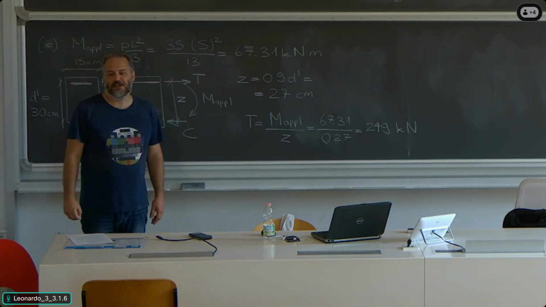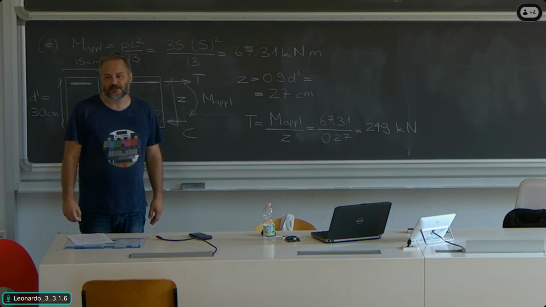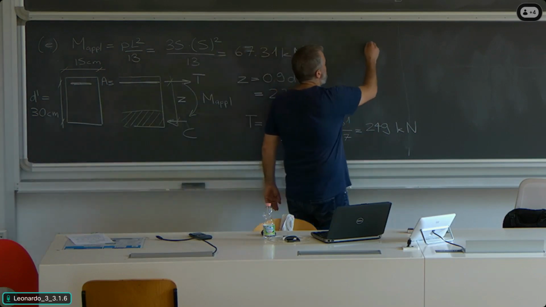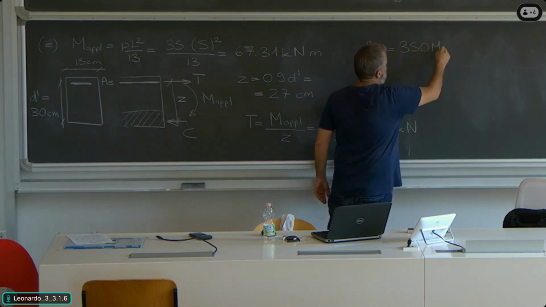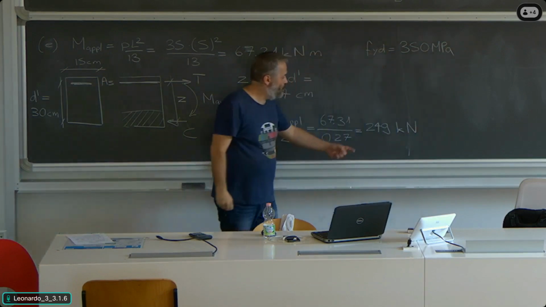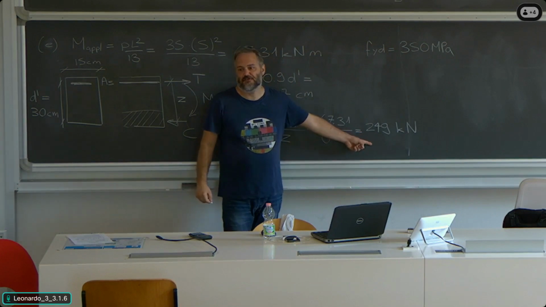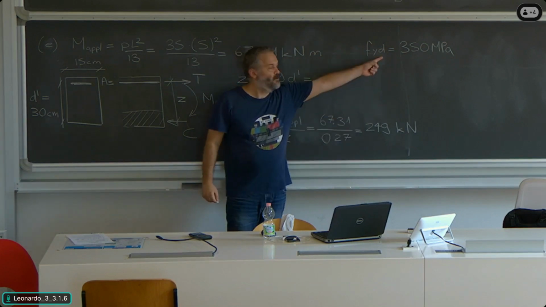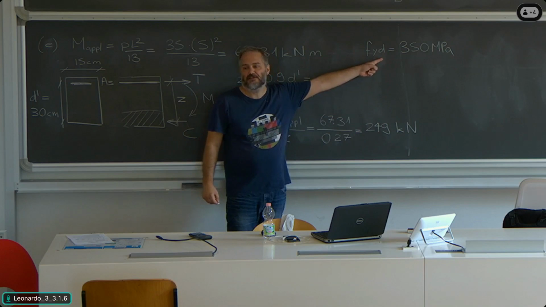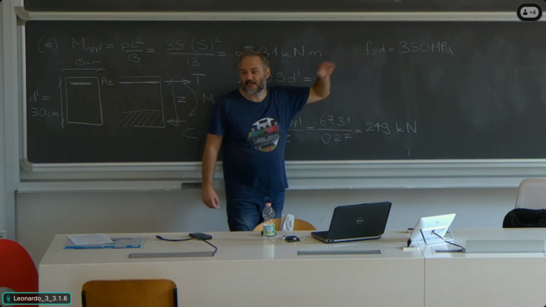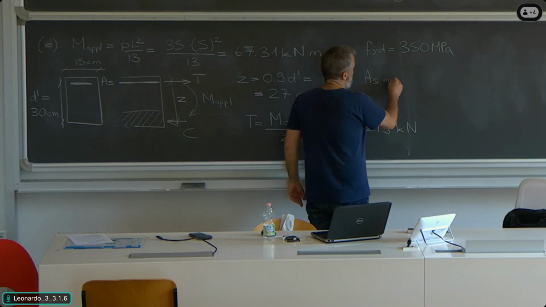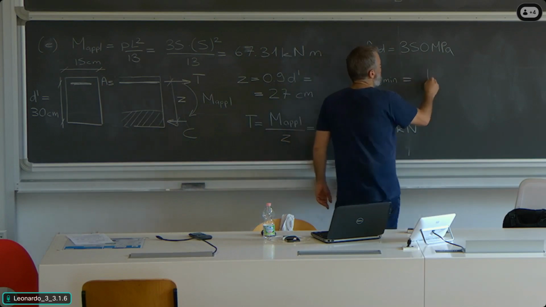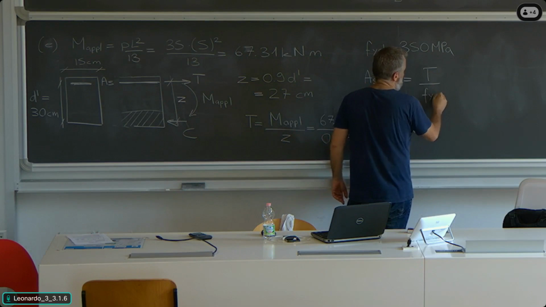Now, another datum which was provided in the written exam was the design yield strength of the steel, FYD, equal to 350 megapascals. So we know we have to resist this tension force with reinforcement of steel whose yield strength is 350 megapascals. This means that the minimum area we need at this section, AS minimum, should be equal to T divided by FYD.